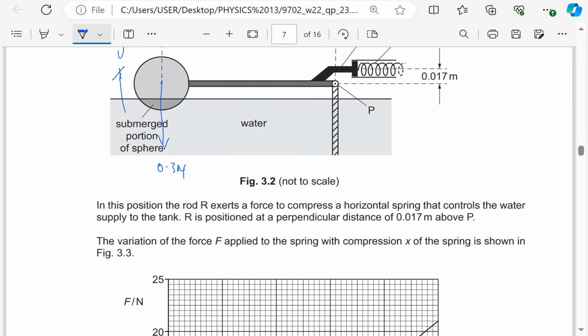In this position, the rod R exerts a force to compress the horizontal spring that controls the water supply to the tank.